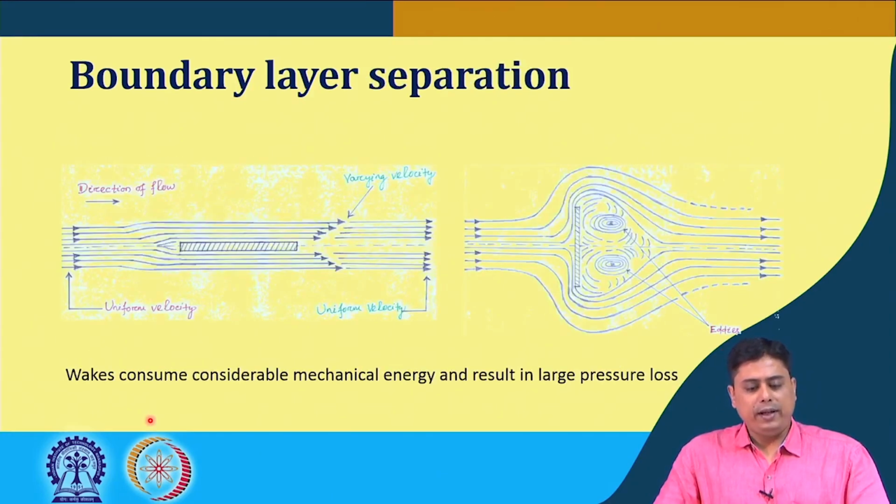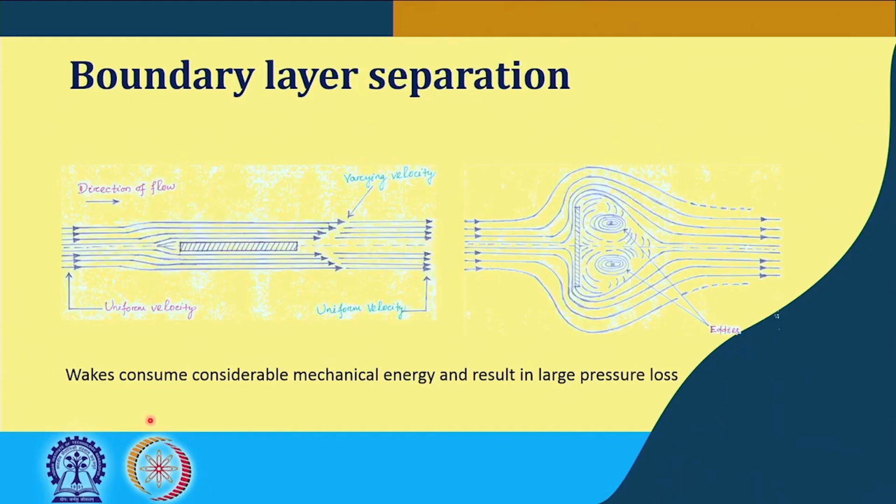Now, the point is that when boundary layer separation happens. So, if for example, this flat plate, we discussed this thing that the uniform, let us say, velocity is approaching this flat plate. So, we have boundary layer development in both the sides, upper and the bottom of this flat plate.